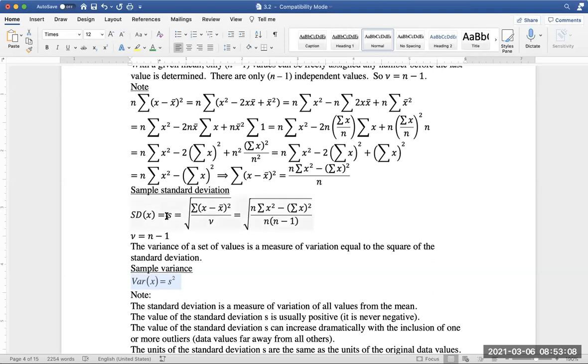It's just the standard deviation squared. So it's equal to this without the square root. So just think of what's inside the square root. That's the sample variance. Or let's say you use the simplified computational formula, what's inside here is the variance. Inside the square root is the variance.